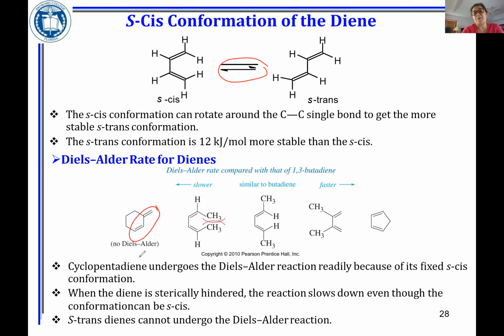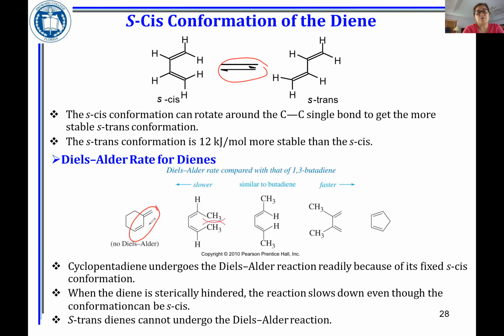This cannot go back and forth because there is no carbon-carbon single bond here that is outside of the ring, and as a result it is not going to rotate, because in order for a diene to go through the Diels-Alder reaction, first it has to go to a cis position.